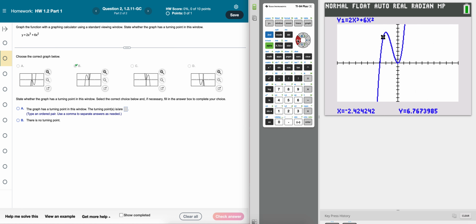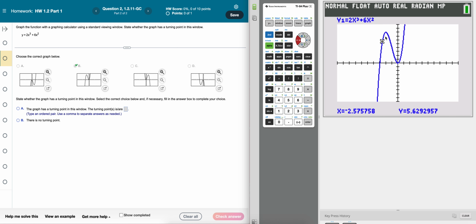So if you want to be even more clear, there is another way to find these turning points. So like I said before, your turning points are either going to be the top of a hill or the bottom of a valley. We call those a maximum or a minimum point on a graph. I'm going to show you how to find this turning point here.